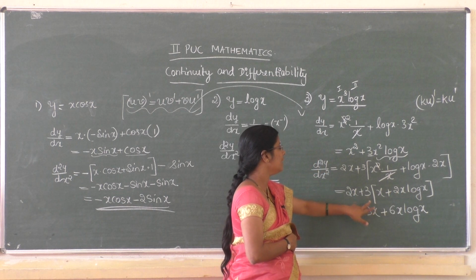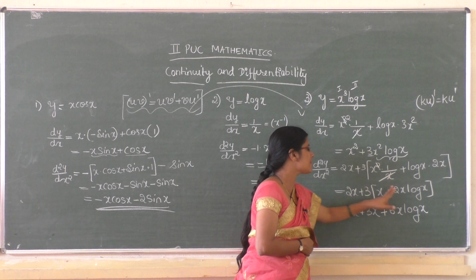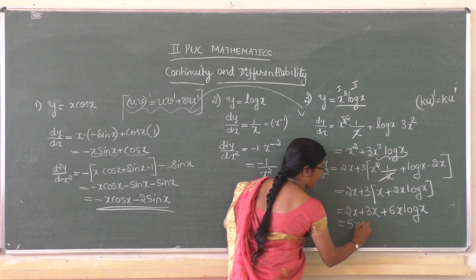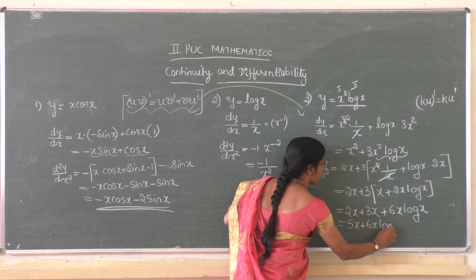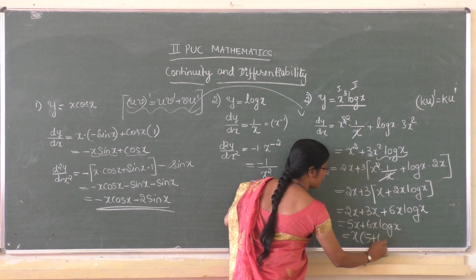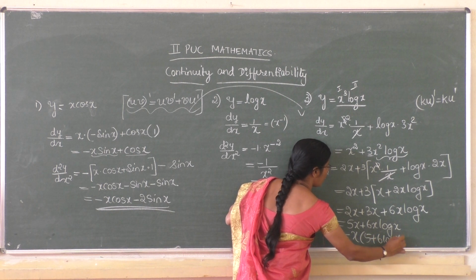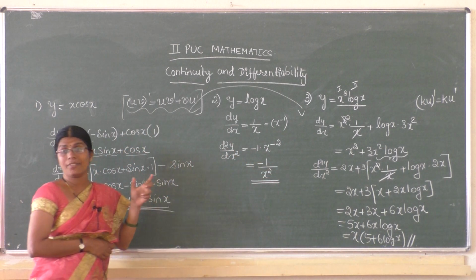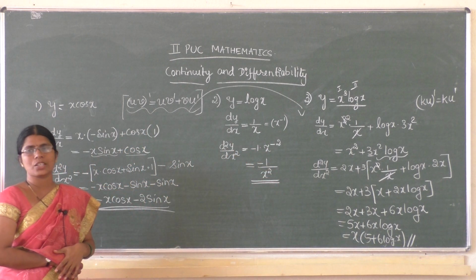So we get 3x plus 6x log x. Then this becomes 5x plus 6x log x, and we can take this as x into 5 plus 6 log x. So this is the second derivative of the above function.